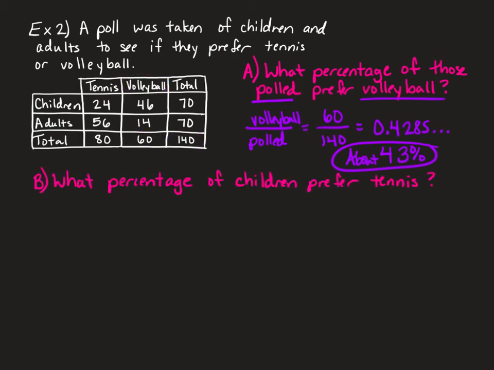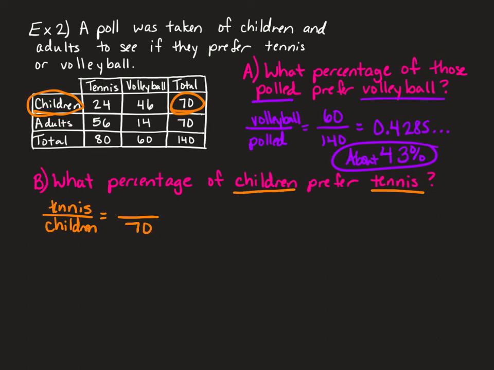Part B, what percentage of children prefer tennis? So we're going to say that out of all the number of children that were polled, how many prefer tennis? So we go to the total number of children polled. We look at children and go all the way to the total. There were 70 children polled.